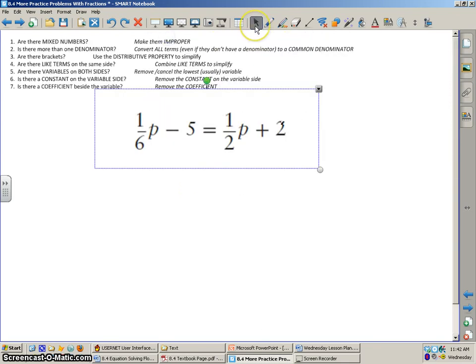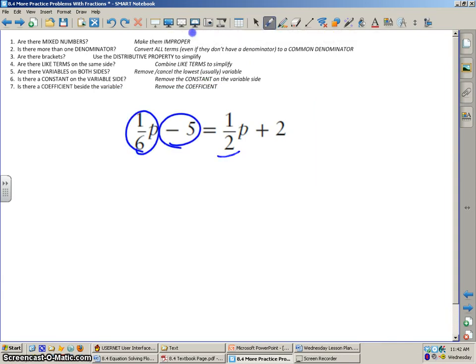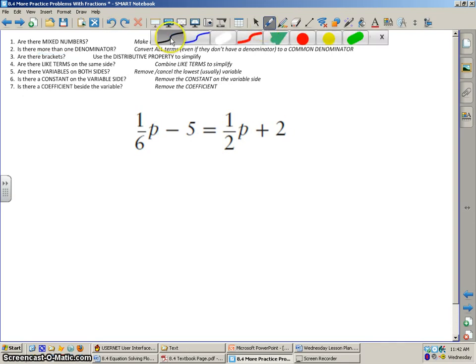Okay, another one, very similar to the last one, and that we have, let's count them up, 1, 2, 3, 4 terms. So as soon as I see more than one denominator, which I have, I'm going to go and get common denominators. And let's remember that this has to be over 1 and this has to be over 1.